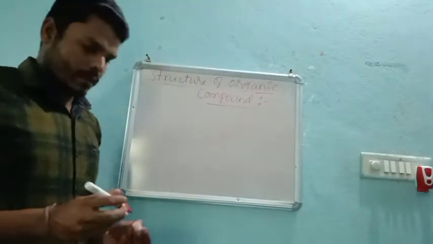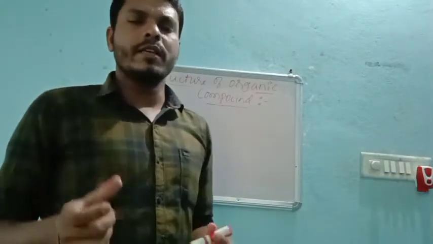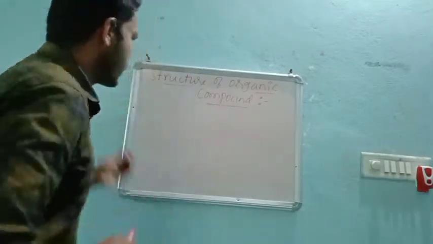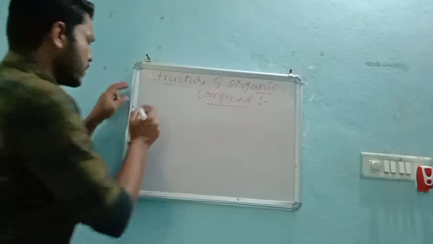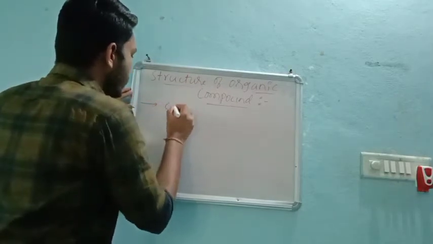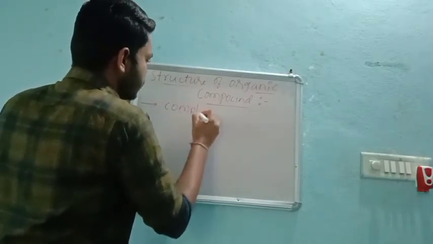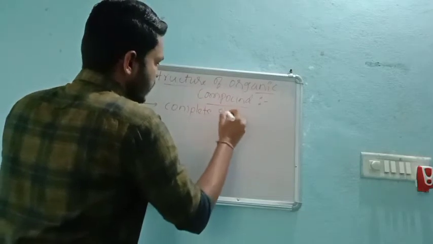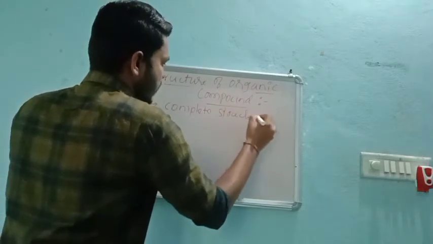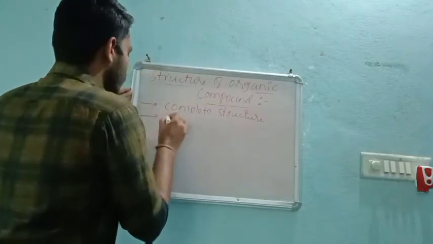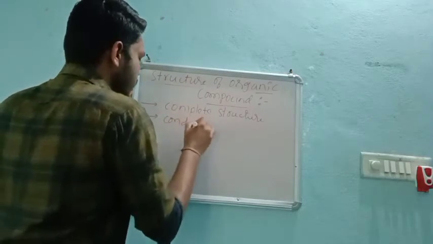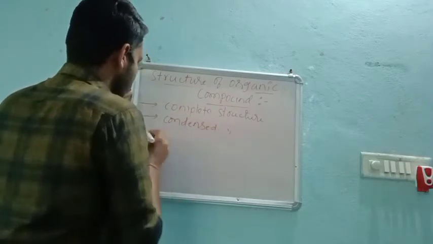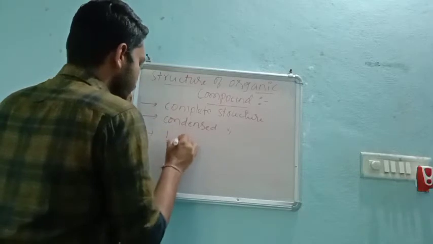We can represent organic compounds in 3 structural forms. The first one is the complete structure. The second one is the condensed structure, and the third one is the line structure.